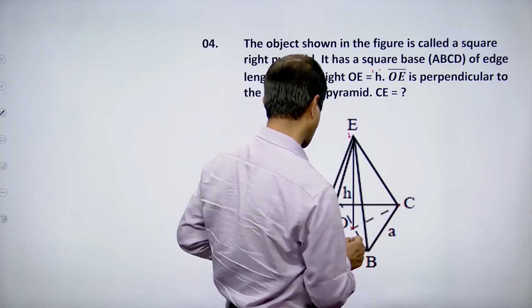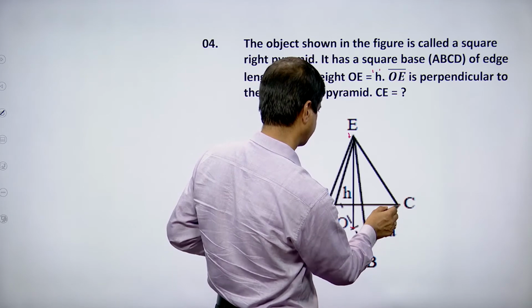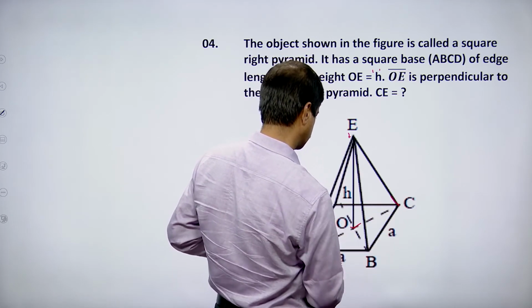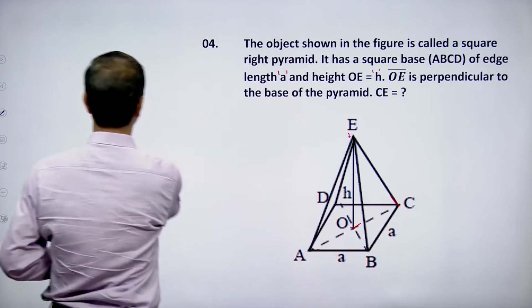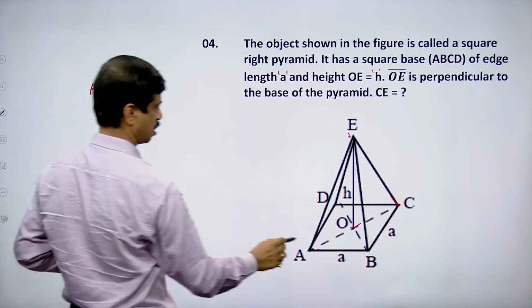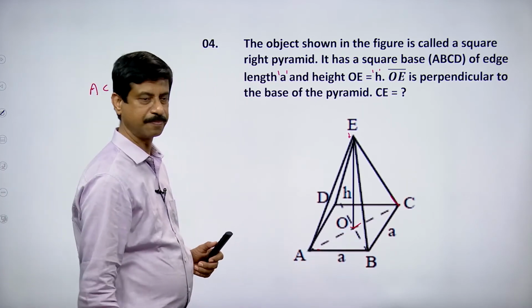CE is equal to how much? Where is CE? This. So this is a right triangle or not? So AC is equal to root 2 times side, correct or not? Root 2 times side.